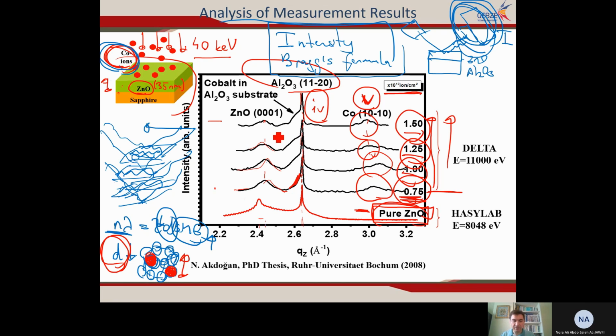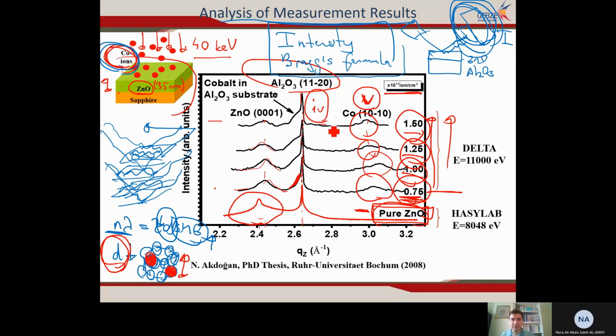What is the reason for this? The reason is that we destroyed the zinc oxide material and now we have a much worse crystalline structure compared to the initial perfect crystalline structure of pure zinc oxide. So we destroyed the crystalline structure of the zinc oxide. You can also get this information.